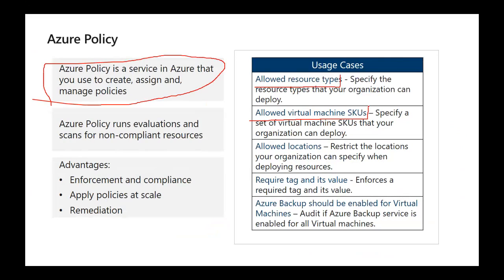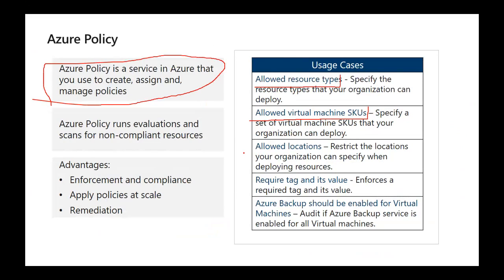For example, 8 gigabytes of RAM, maybe they are only going to store 64 gigabytes of information, and this information is going to be stored in hard disk drives instead of using solid state drives. So we can use Azure Policy to establish these conditions, now related with the resources.